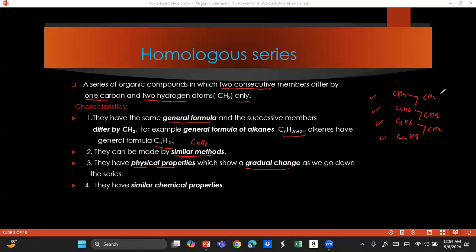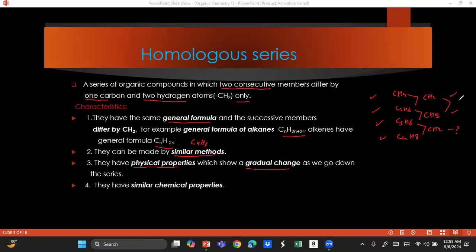If you know the boiling points of two consecutive members, by taking the difference between them, we can predict the boiling point of the next member. Just add the gap between the boiling points of methane and ethane, and as the boiling point increases, increase the gap a little bit.